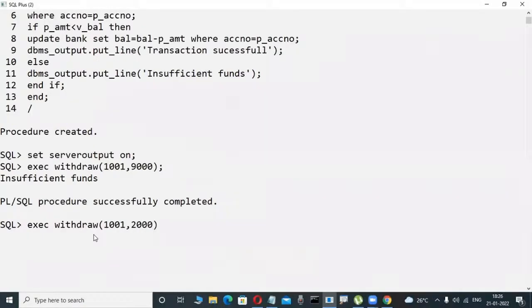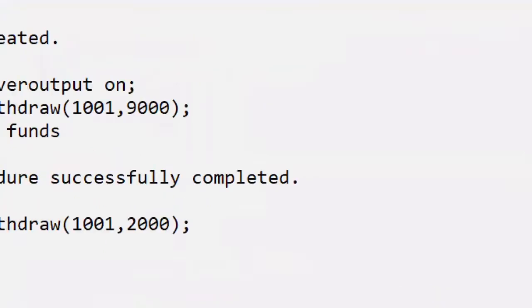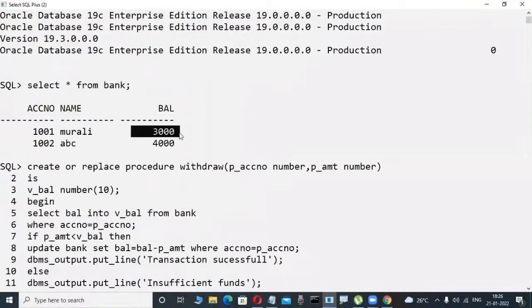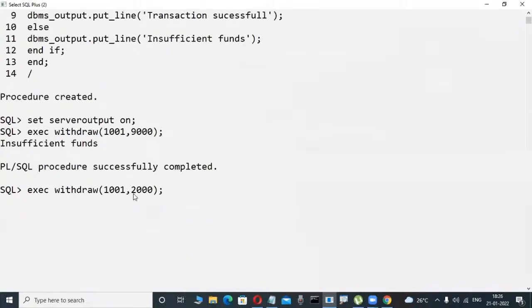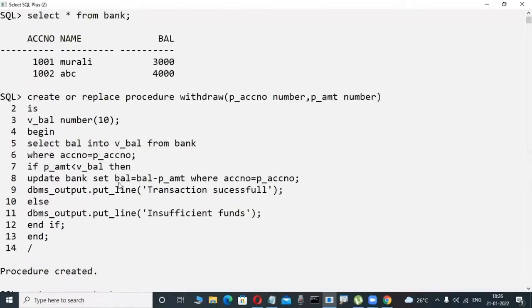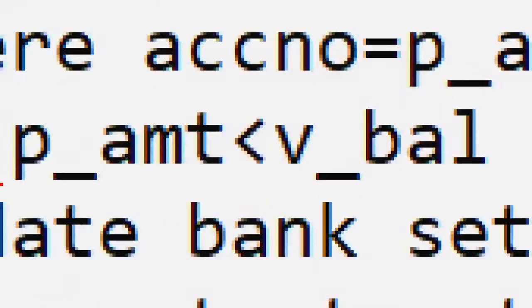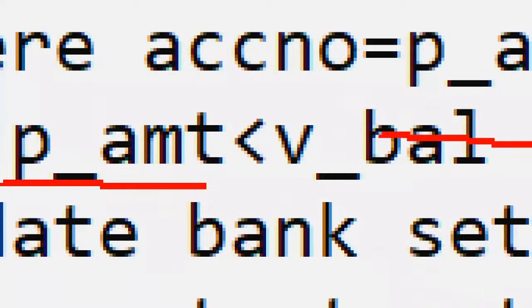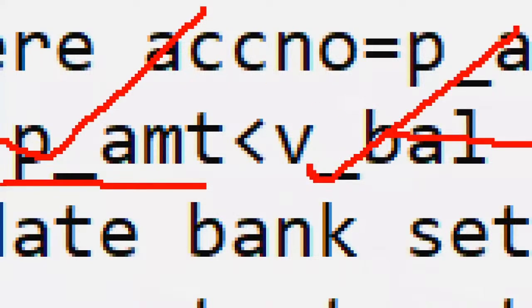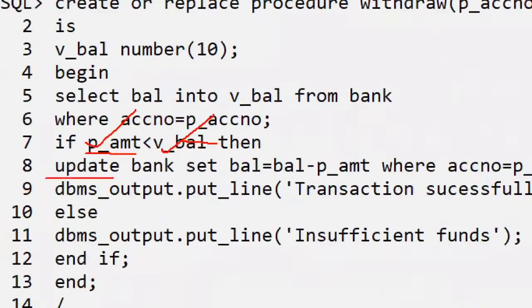Possible. Why? Because my balance is 3,000, and I try to withdraw only 2,000, which is possible. So whenever your passed amount 2,000 is less than the available balance, in this case 3,000, I am updating the bank table.